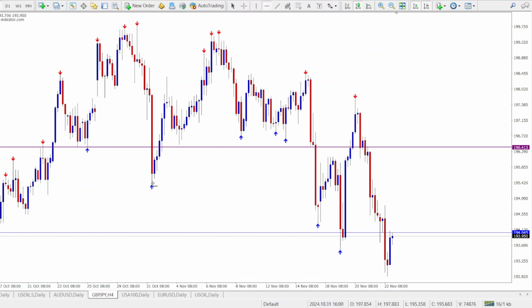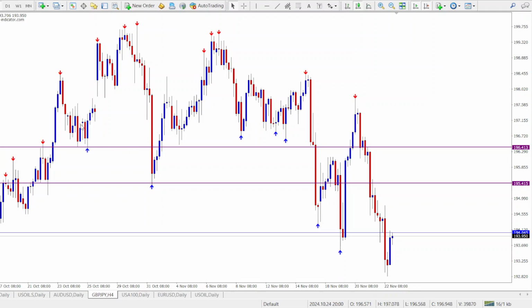You can use support zones to exit your sell, or you can decide to wait for a buy signal. For example, if you had sold here and you wanted to use the indicator signal to determine your exit, that is going to be when a blue arrow appears below the candlestick. That's going to be your sell exit strategy.